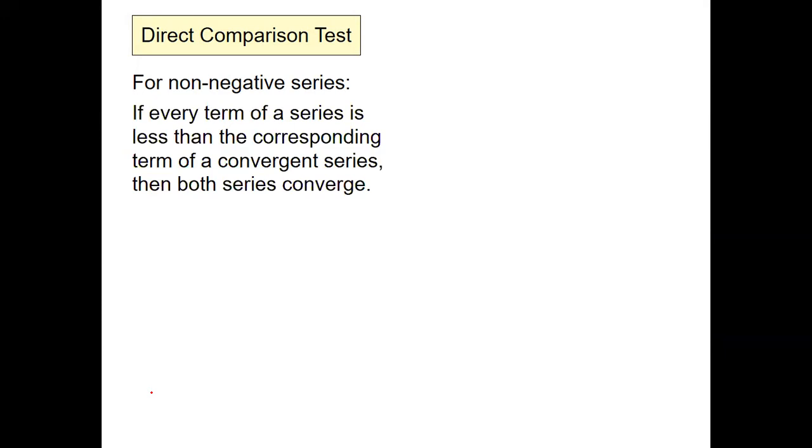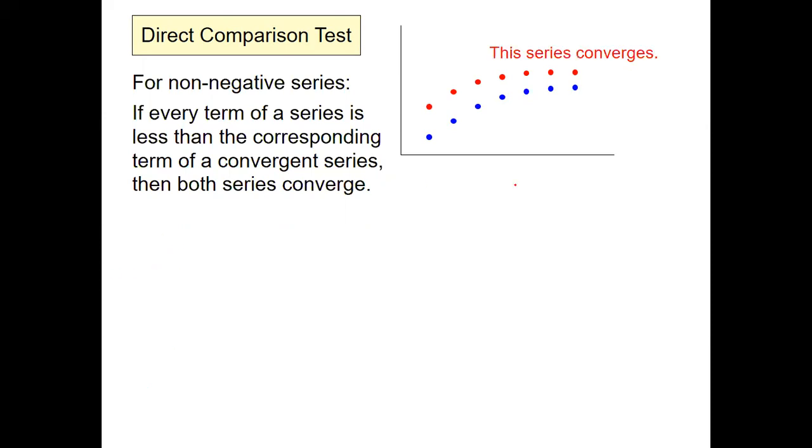So if every term of a series is less than a corresponding term of a converging series, both series converge. And this should sound familiar. We talked about this in terms of numerical series, when we were just looking at series of numbers. If I had a series that converged, the red one converges, and each term of another series is below the corresponding term, then the series below has to also converge.